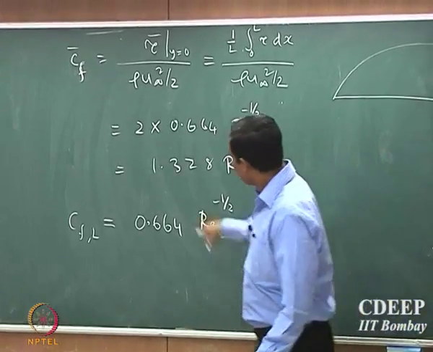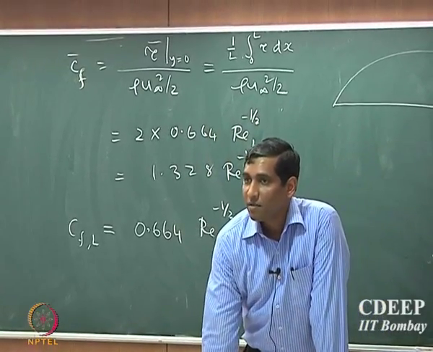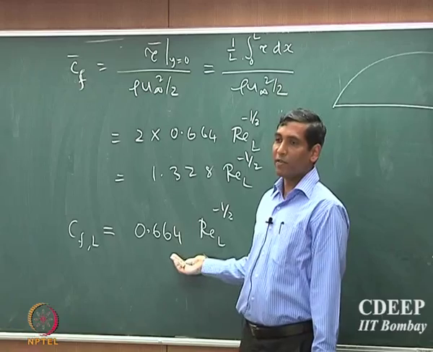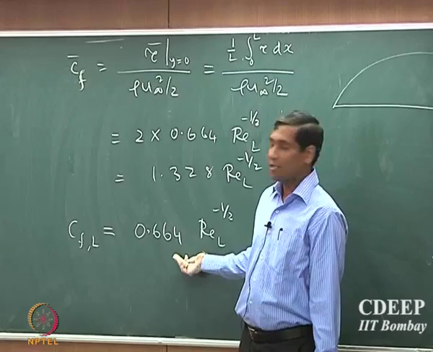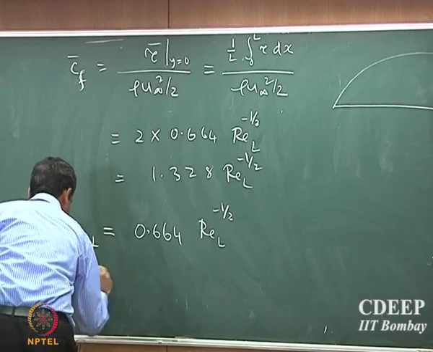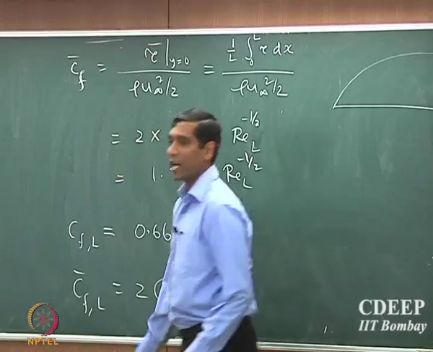So that is interesting. So the average friction coefficient for the whole flat plate of length L is just twice the local friction coefficient at that location. So that is an important observation. It will be twice the friction coefficient based on that length.